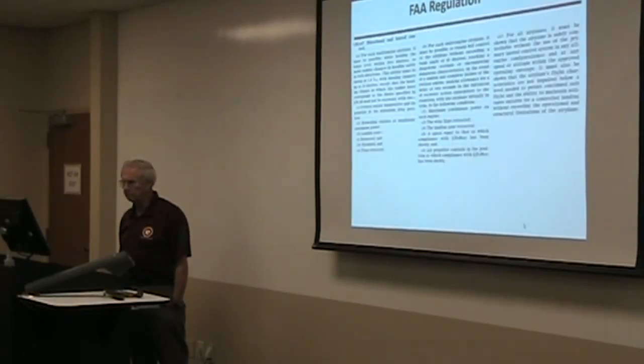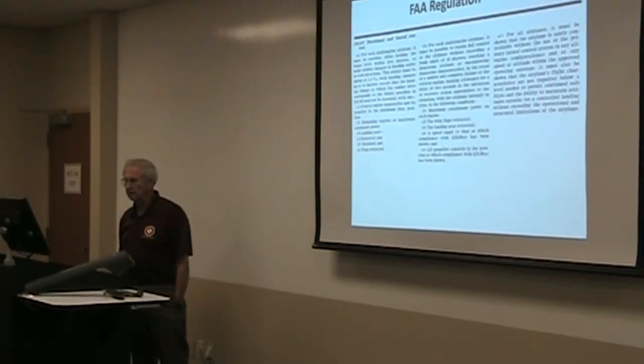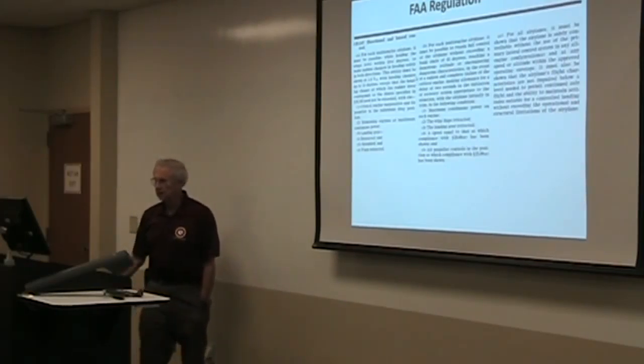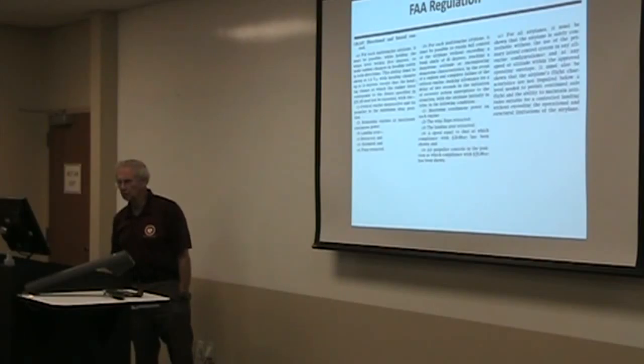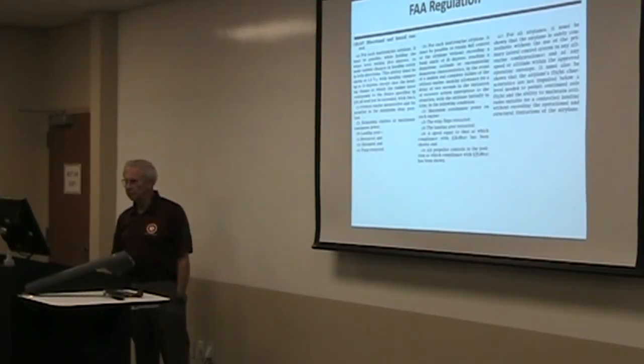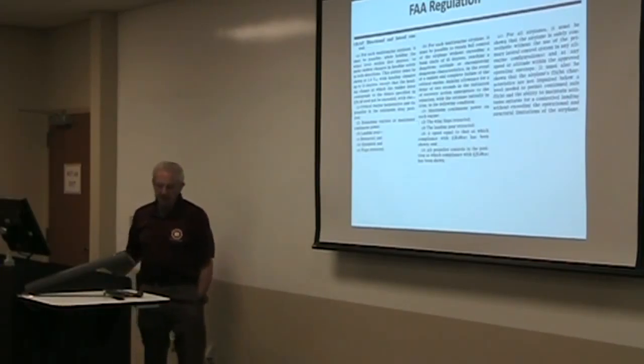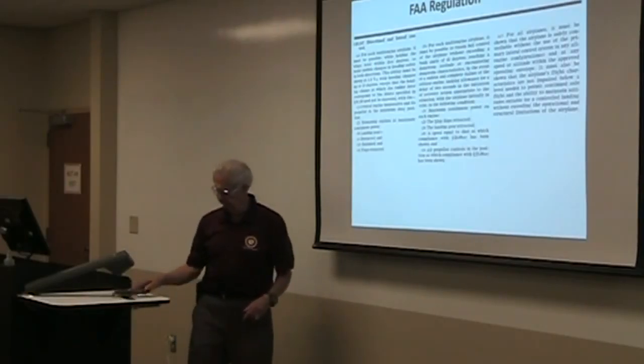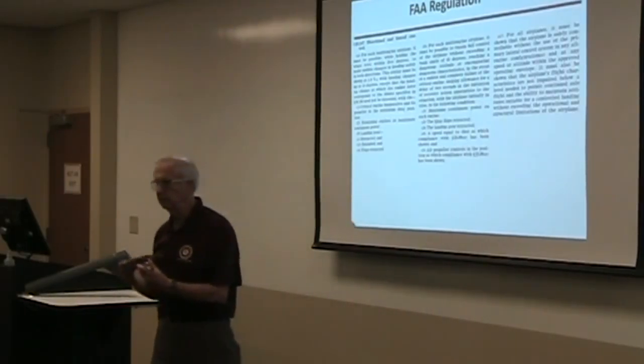For multi-engine airplanes, we have some other requirements. Here's one: be able to make heading changes on a single engine with a critical engine inoperative. And of course, then you have to be able to have a VMC, or minimum control speed, with one engine failed.